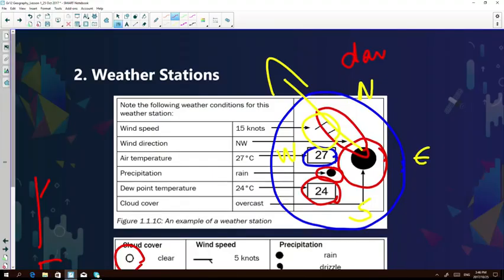We're experiencing an air temperature of 27 degrees Celsius, a dew point temperature of 24 degrees Celsius. We might experience rain, we're experiencing rain, cloud cover is overcast, we're experiencing a northwest direction wind, and it blows 15 knots.